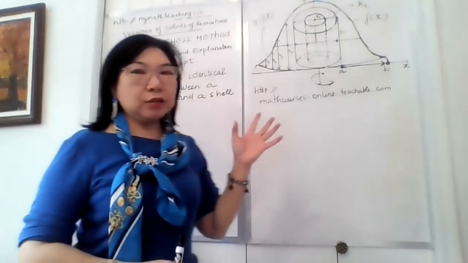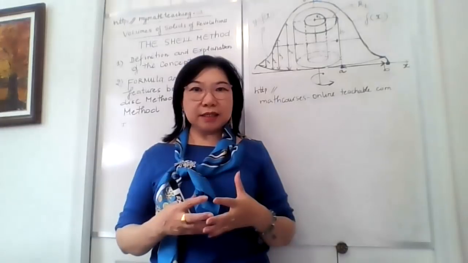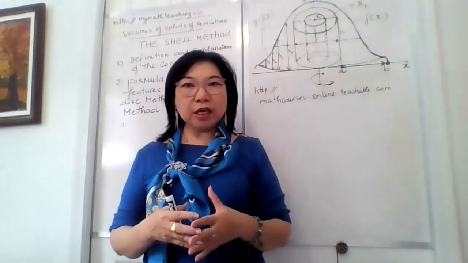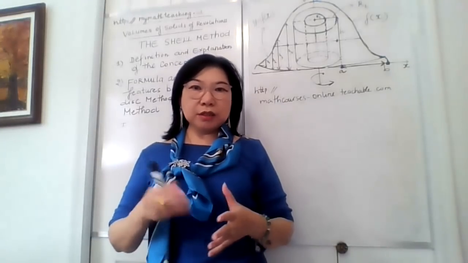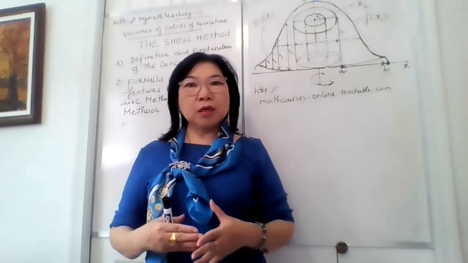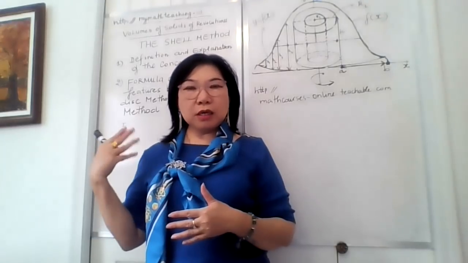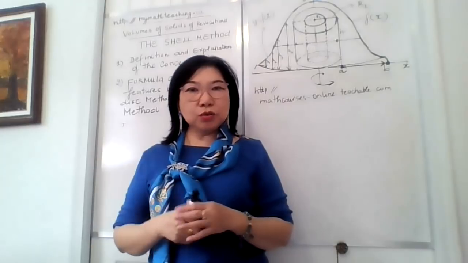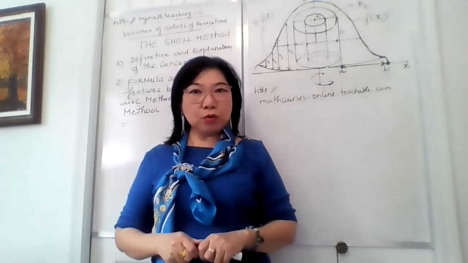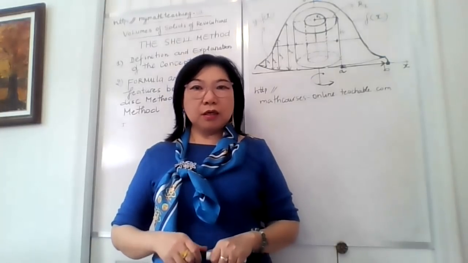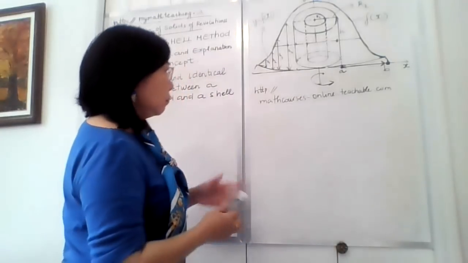That's why I would like to spend time in this lesson explaining the concept of the shell method rather than problem solving. After we understand this concept clearly, I will get into the next lesson, where we will do problem solving.